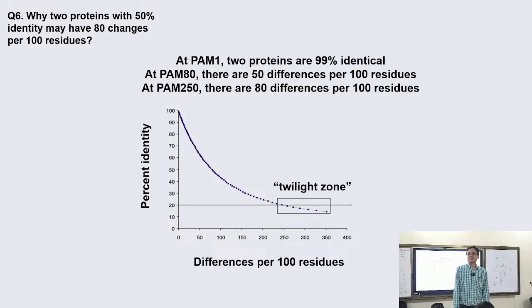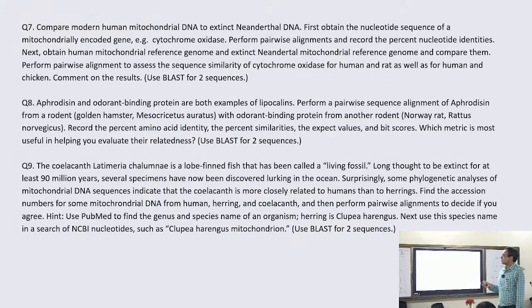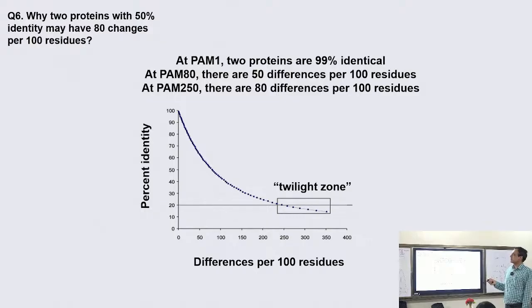Okay, good. I'm still coming out of jet lag, so just let me know. PAM 80 is 50% divergence, 50% changes. PAM 250 is 80% changes.